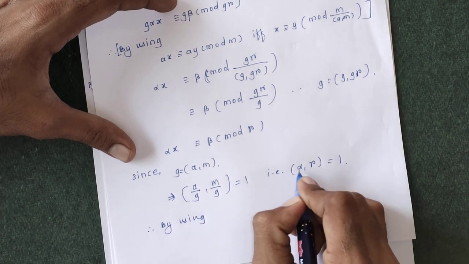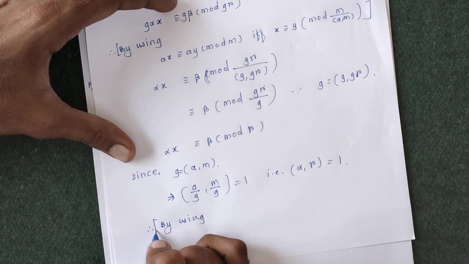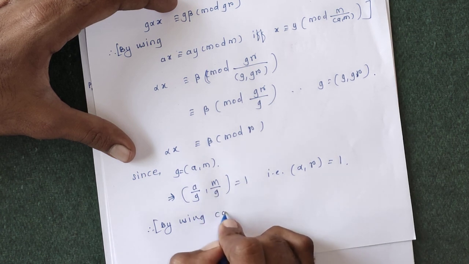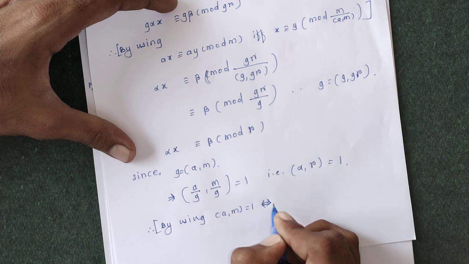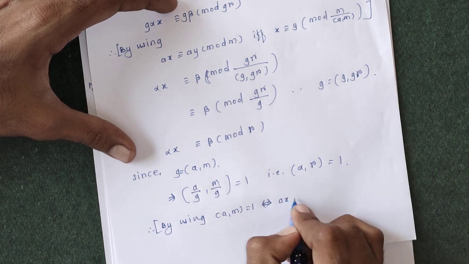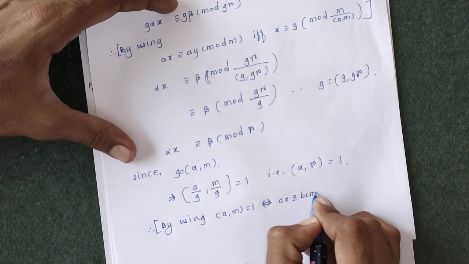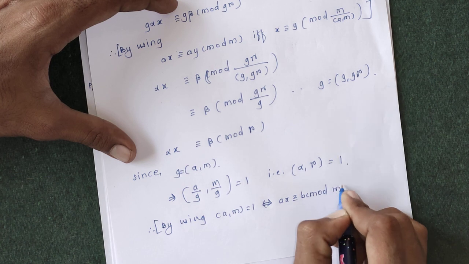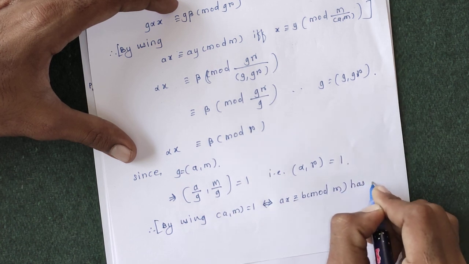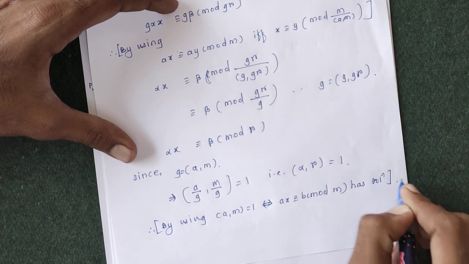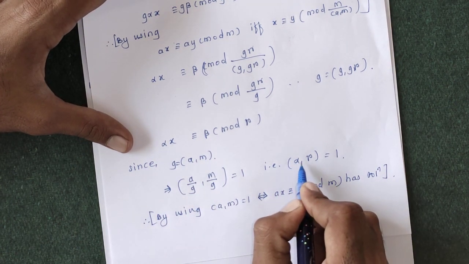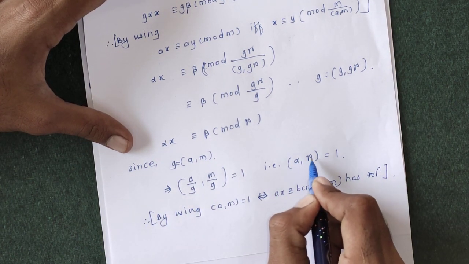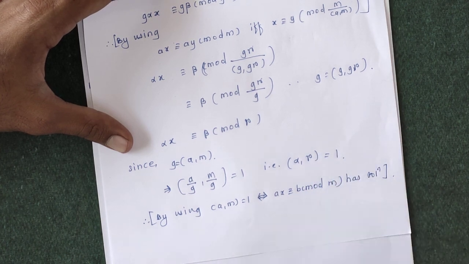Therefore, here we get GCD of alpha and gamma is equal to 1. So by using the result, GCD of A and M is equal to 1 if and only if AX is congruent to B mod M has a solution, we will get that alpha x is congruent to B modulo gamma has a solution.